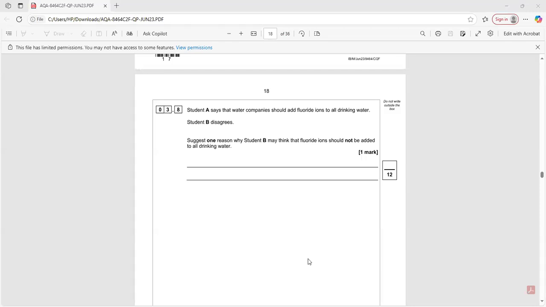So the question now is, yes, fluoride ions show a great impact on the reduction of tooth decay. But I think there's something else that can happen.